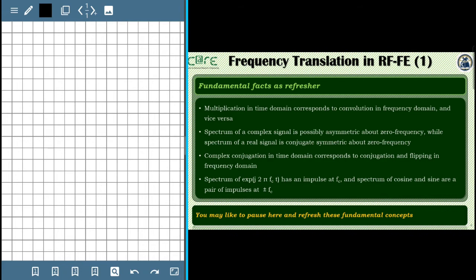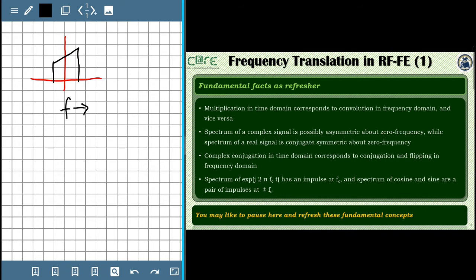Another important fact that will be useful for this tutorial is that the spectrum of a complex signal is possibly asymmetric about zero frequency. So if the signal that we are talking about is complex, then we may have a spectrum that looks something like this. There is something asymmetric about the zero frequency.